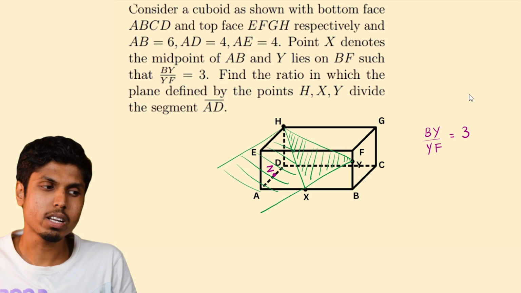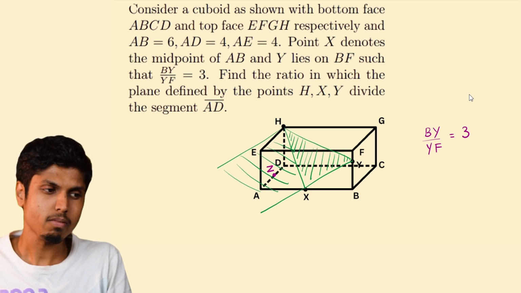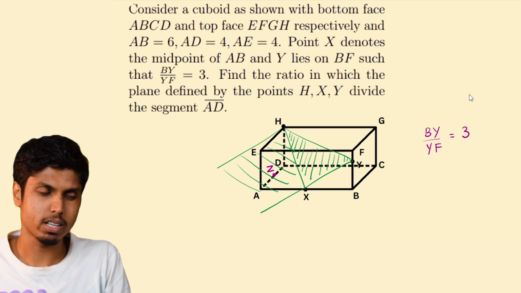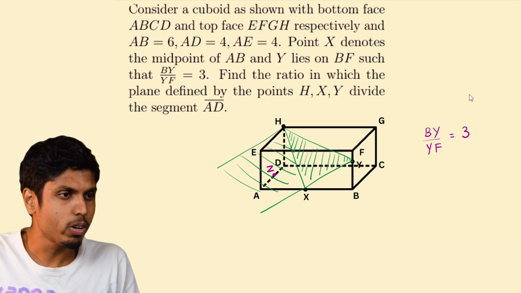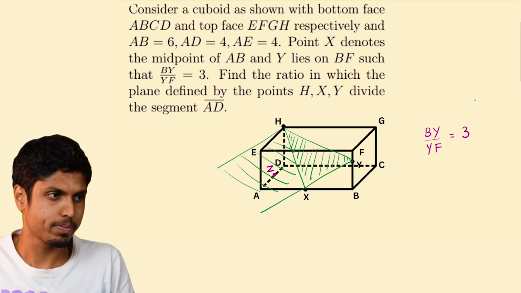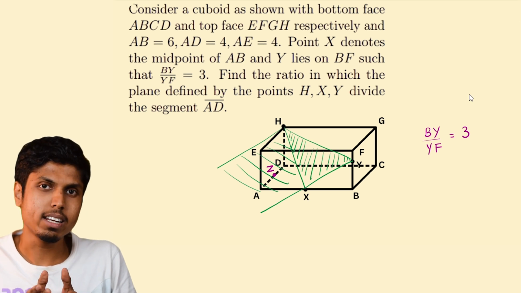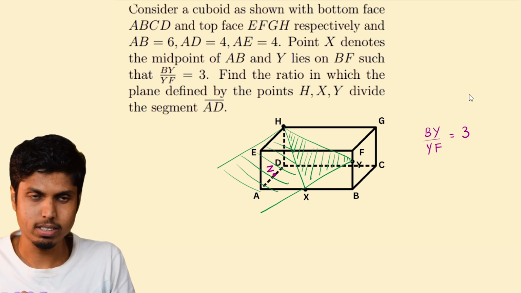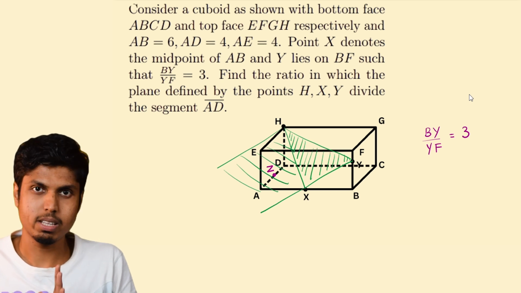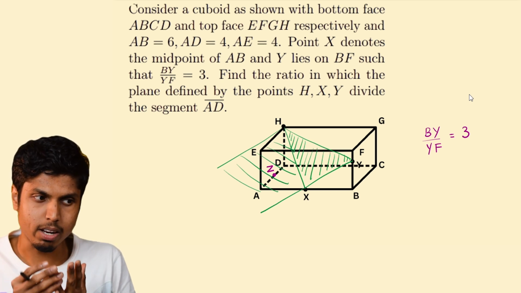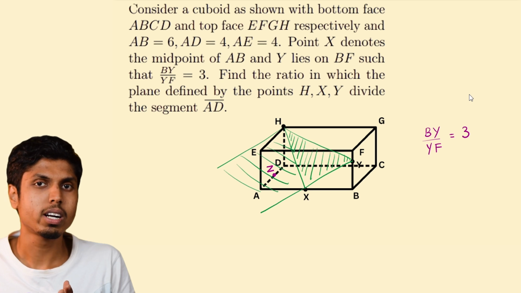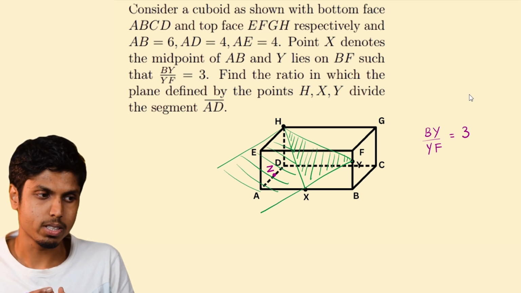This happens when the line coincides with the plane or the line lies on the plane. So there are only these three possible cases. And we know that AD line is not parallel to the face or the plane. It must intersect the plane, either at infinitely many points or at exactly one point.